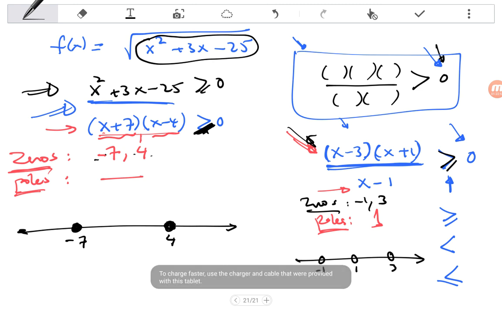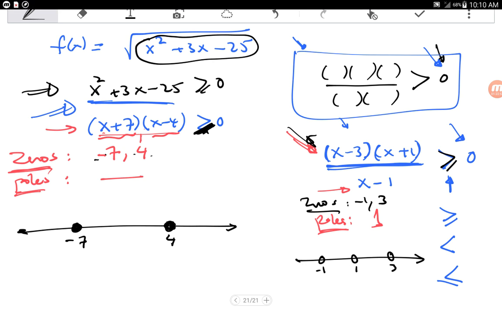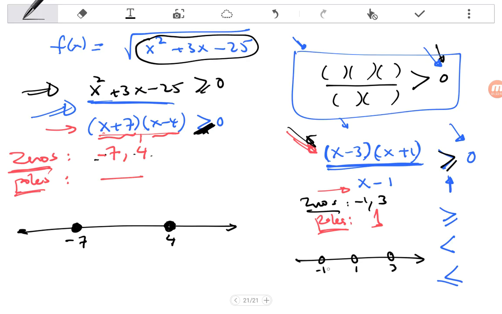In this expression, which numbers would I shade? I will just shade negative 1 and 3. We shade only the zeros, not the poles. Poles are never shaded. So we'll shade negative 1 and also shade 3.